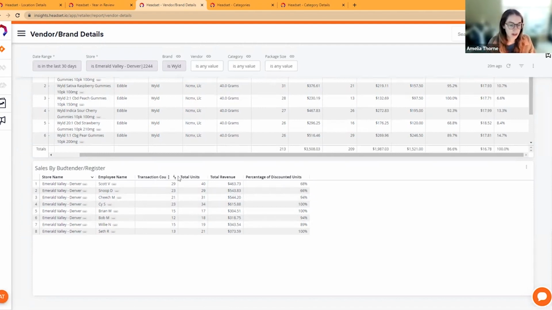Something you can start to look at with this transaction counts, as well as percent of discounted units. Maybe we aren't supposed to be discounting 100% of Wild edibles. Maybe we should only be discounting maybe 60% of them that we sell. So why are these people discounting 100% of the units that they're selling?